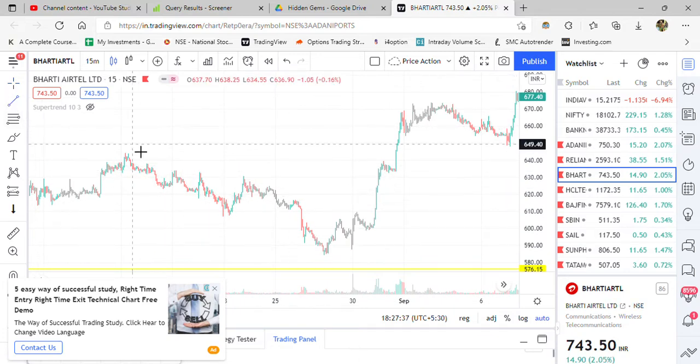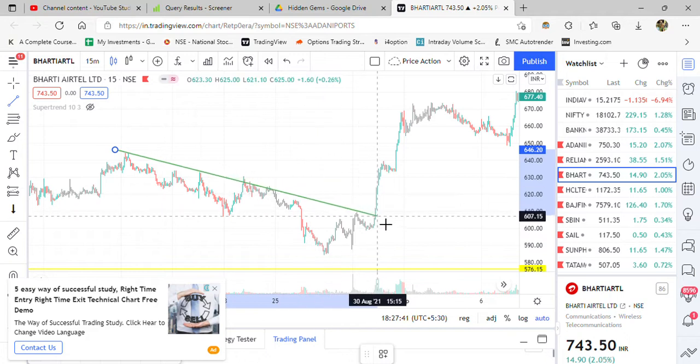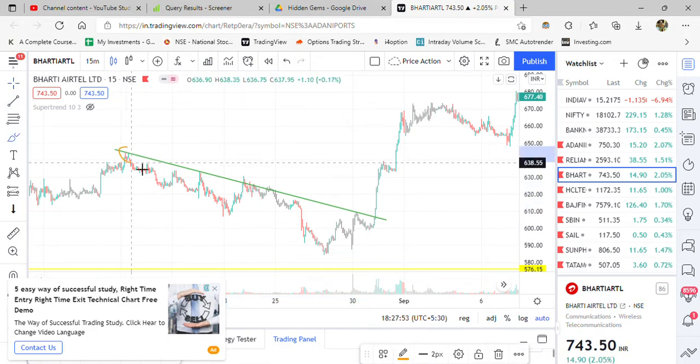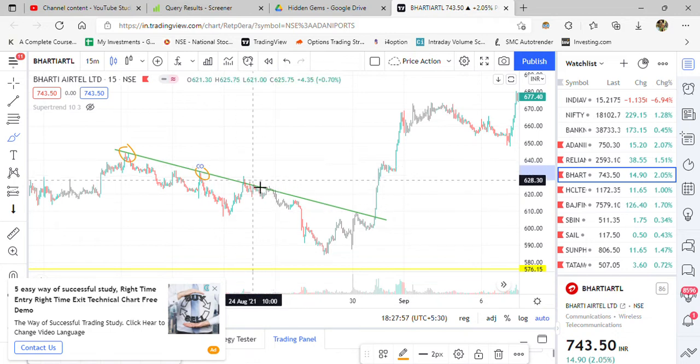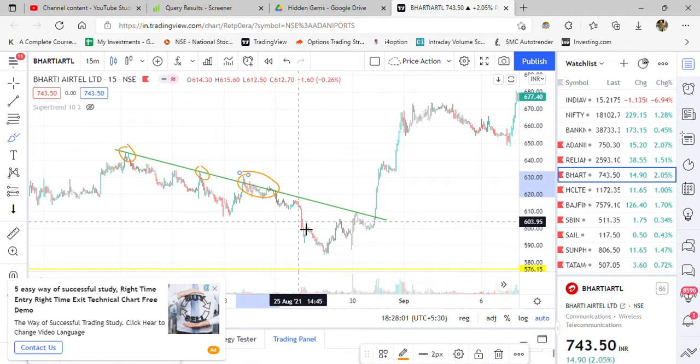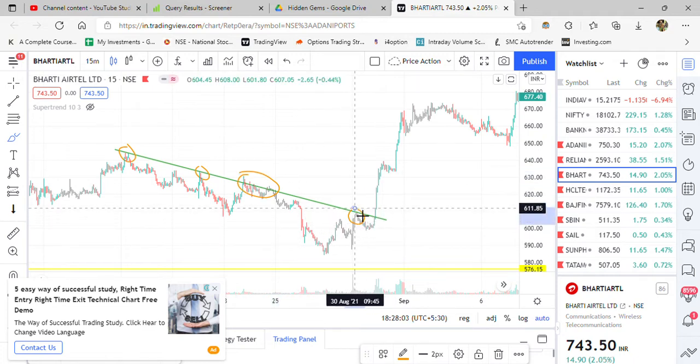Bharti Airtel was trying here somewhere on a downtrend line, a couple of attempts here, again attempts here, again crossed but could not sustain above this trend line, one more touch, and finally it gave a breakout.